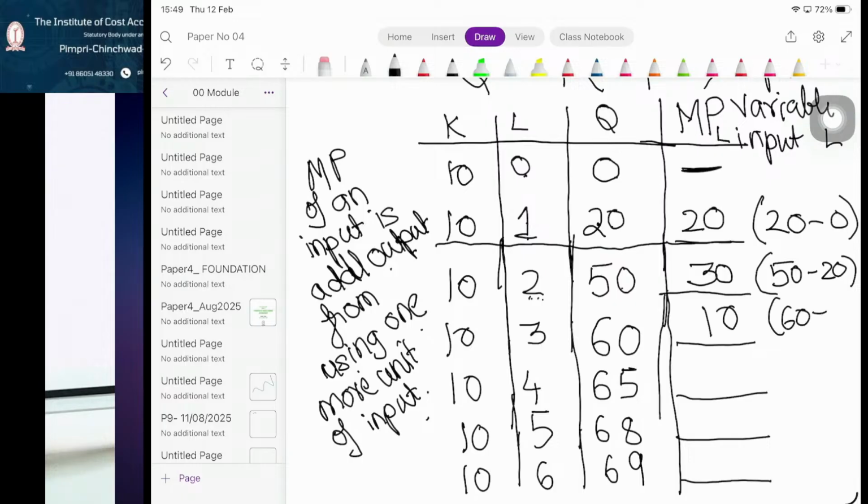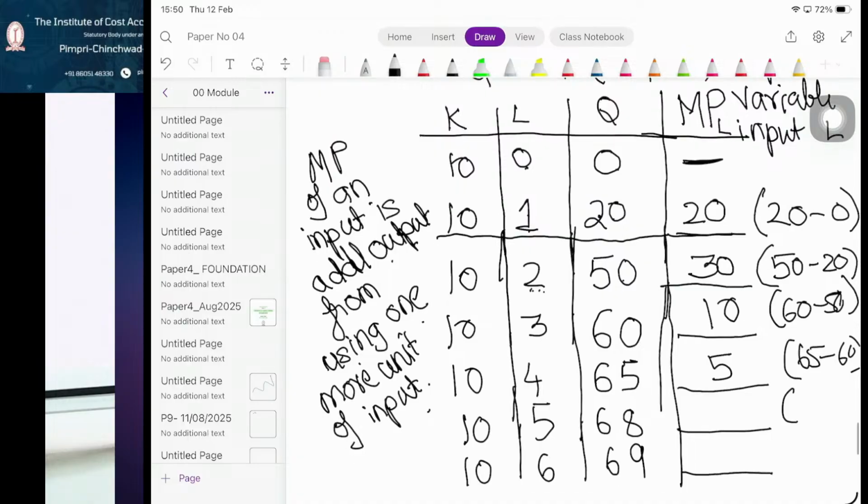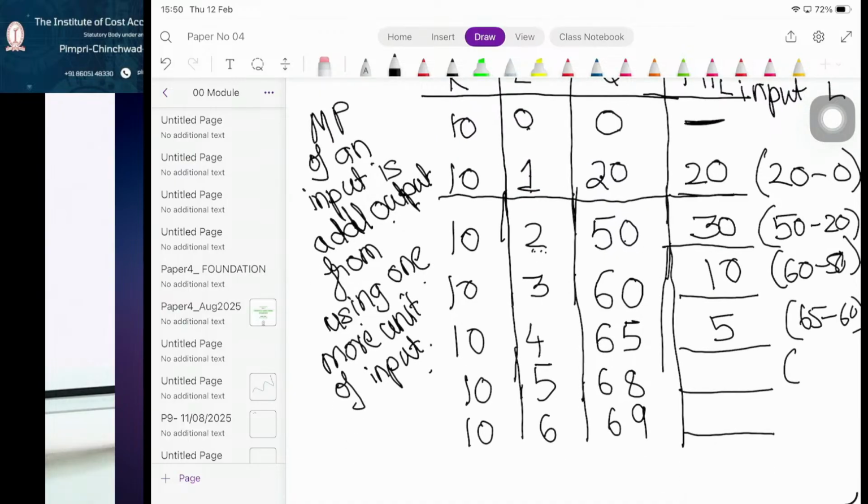60 minus 50. Yes, then after that 5, correct. 65 minus 60. Then what is it? For the fifth unit of labor, it is 68 minus 65, that is 3.